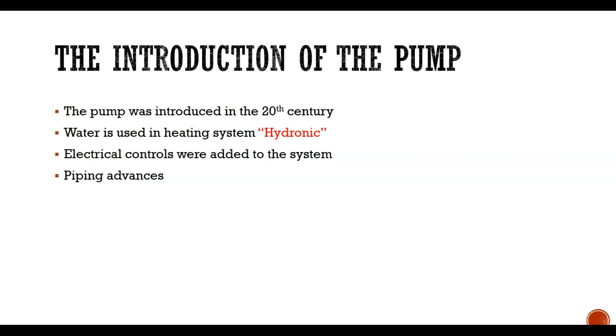So piping did advance a lot. If you look at the steam system, piping was very elaborate, very heavy, very much involved and cost a lot of money. So it wasn't for everybody to put heat in the house. Piping took a lot of advances from steel to galvanized steel to PEX to PVC and different kinds of pipes.